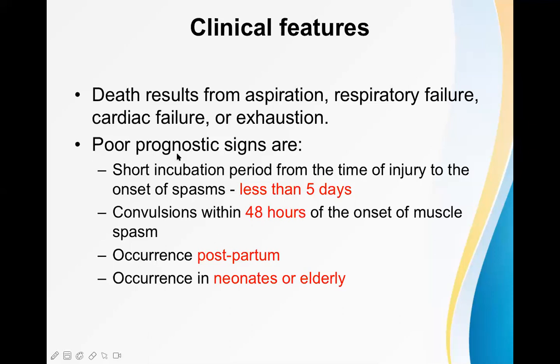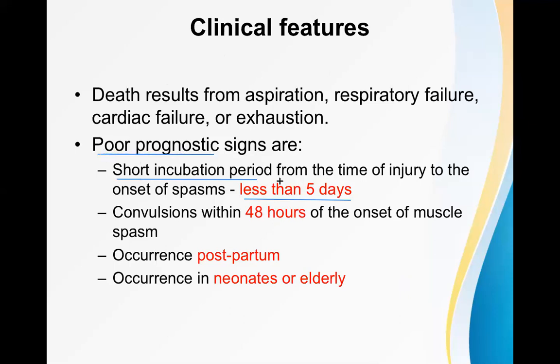Some of the poor prognostic signs in case of tetanus are given below. So let's discuss them. See here. Whenever there is a short incubation period, that is less than 5 days, there is poor prognosis.